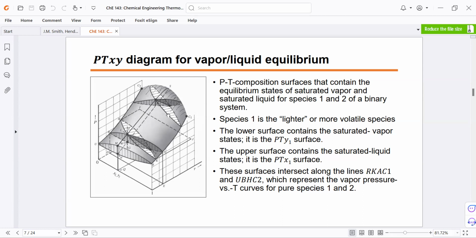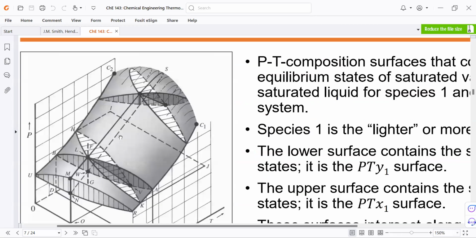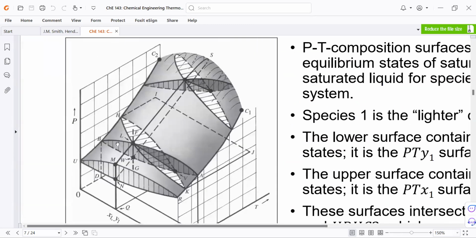Let me zoom in so you can see. It's difficult to point out, but just imagine this is the upper surface and this is the lower surface, the bottom.